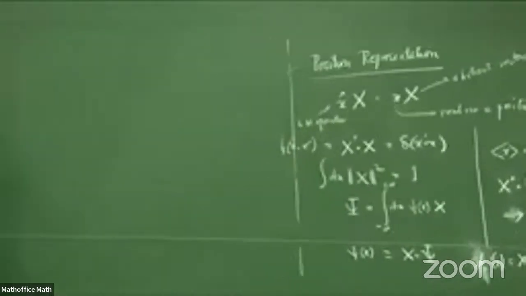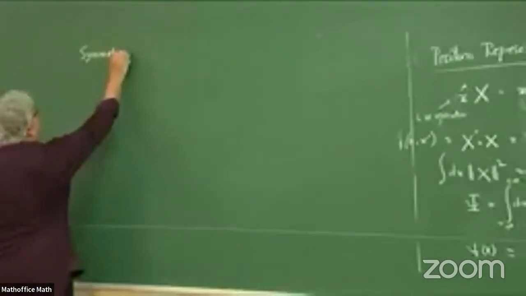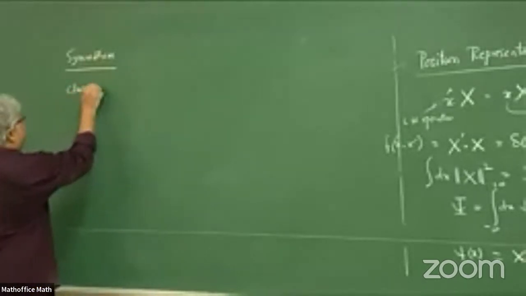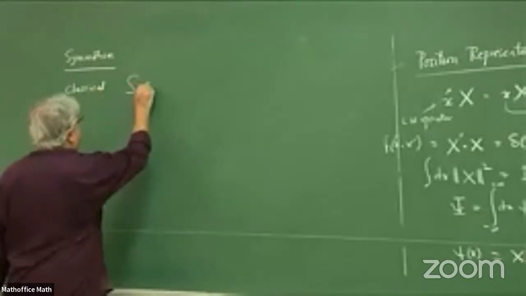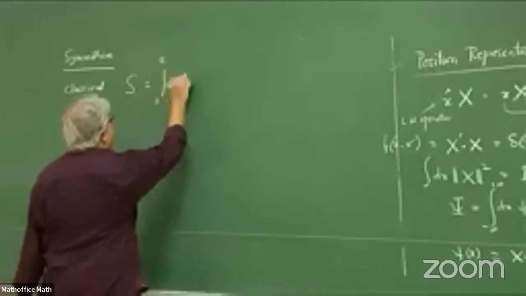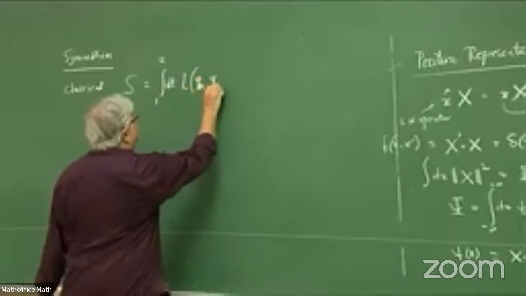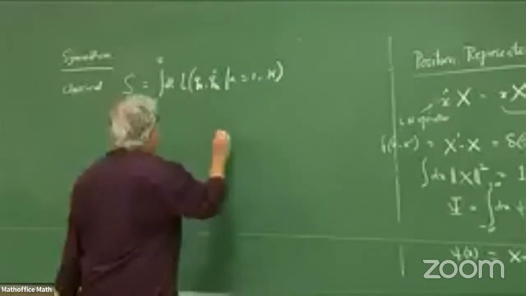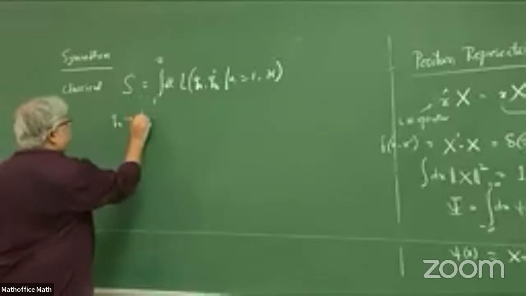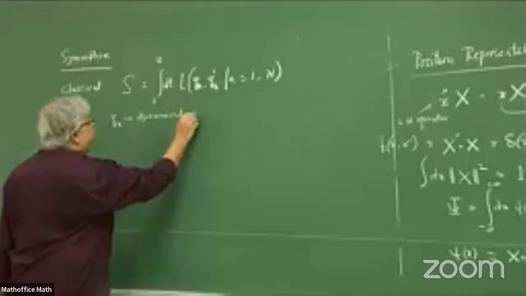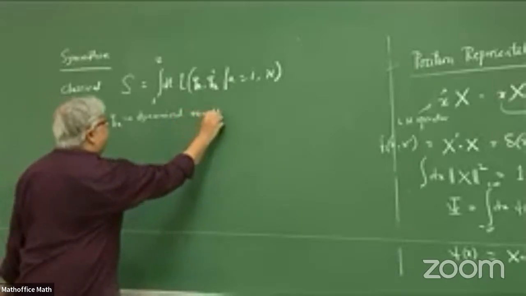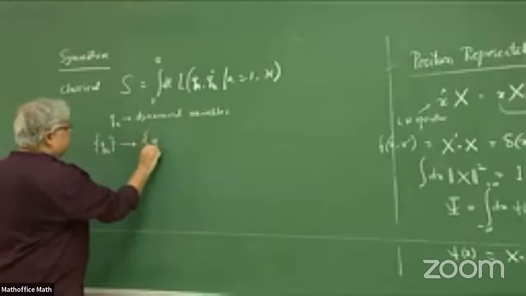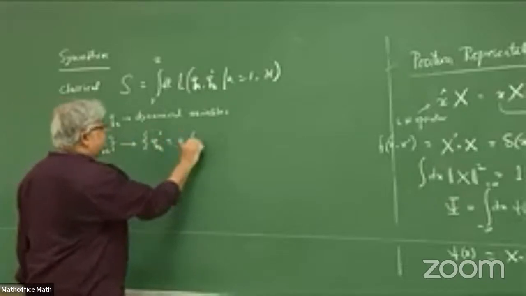So now let's talk about symmetries. In classical mechanics, you define an action, and it determines the dynamics. A set of fields goes to a set of different fields, phi prime.